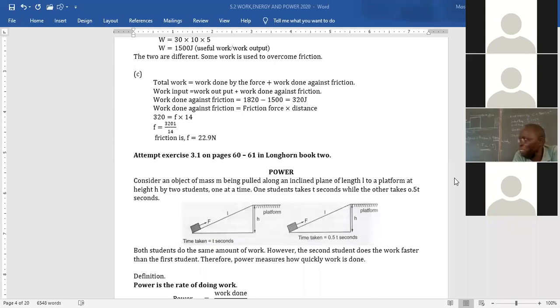So power is a measure that is used for most machines, and they'll give you the rate of working. If I'm given a machine and it has a higher rate of working compared to the other, I'll go for that machine because it will do my work faster compared to the other. Am I making sense now?